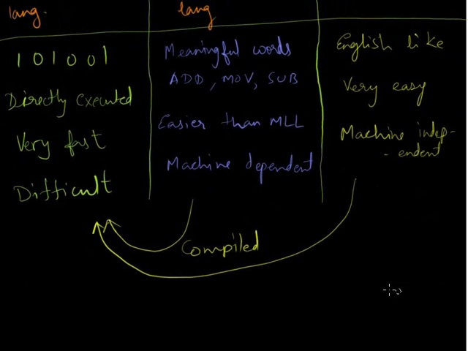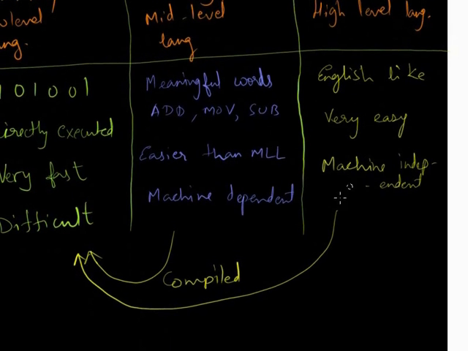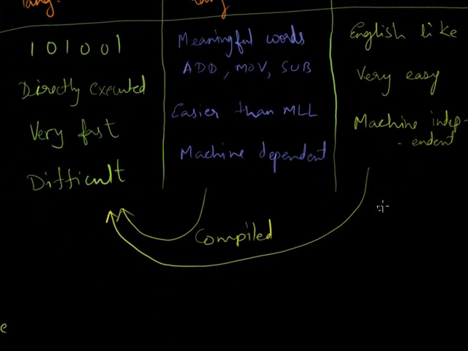Now one more thing that remains is that high level languages are English like. I said that before, but English has some rules, right? Rules for writing, rules for pronunciation, rules for making sentences, right? So these have rules for writing.